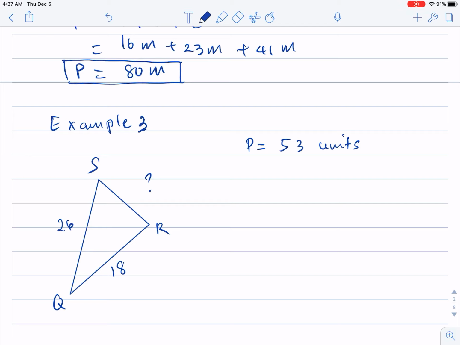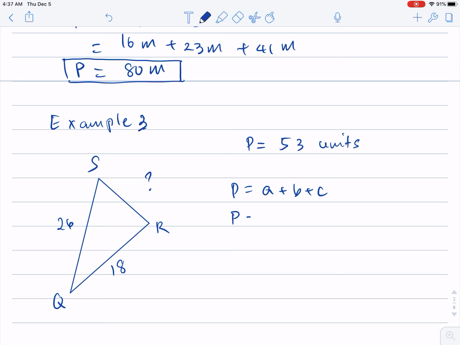So, ano yung unknown side, no? So, sabi natin sa previous formula, perimeter is equal to A plus B plus C, no? If we let the lengths of the sides be A, B, and C. So, dito, pwede nating gawing perimeter is 26. Given yung perimeter natin, di ba?